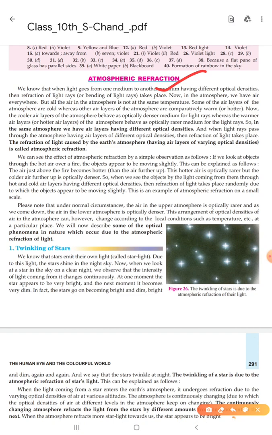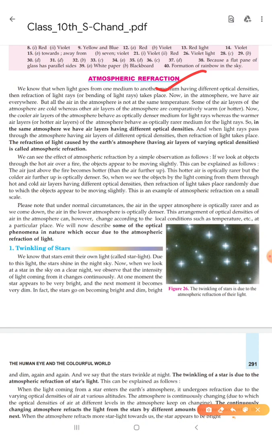If we talk about the different kinds of atmosphere, there are the troposphere, stratosphere, ionosphere. So we can say it has different types of air layers of varying optical densities. The refraction of light caused by the earth's atmosphere is called atmospheric refraction.